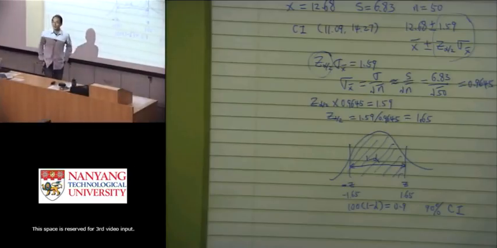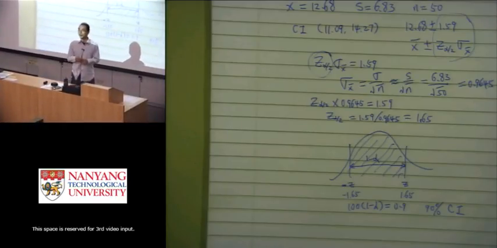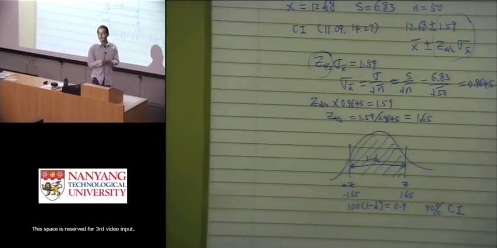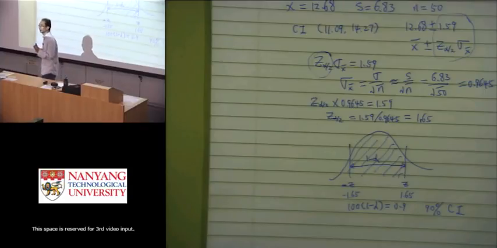So the bad part is the concept of this confidence interval and the concept of hypothesis testing is very difficult. The good side is that they don't have too much variation.